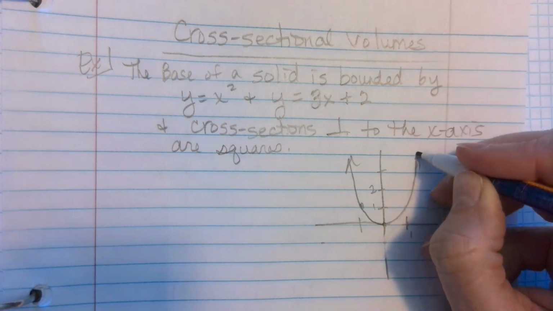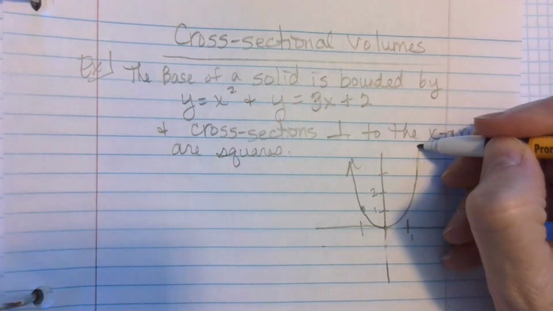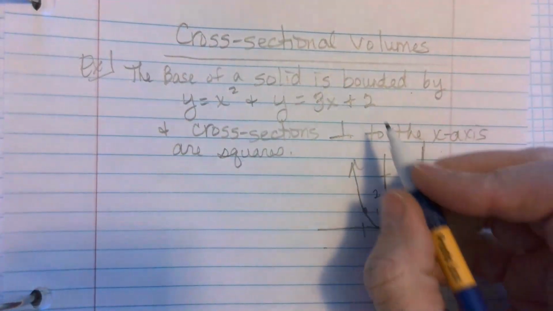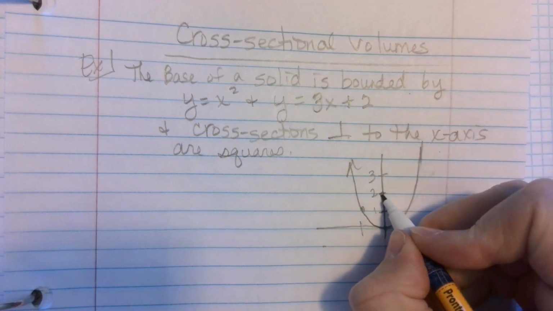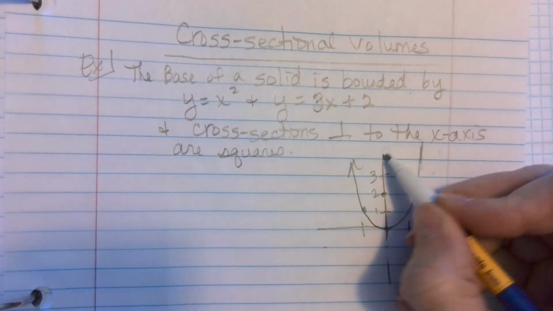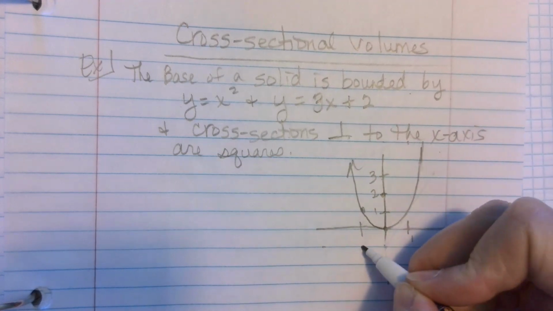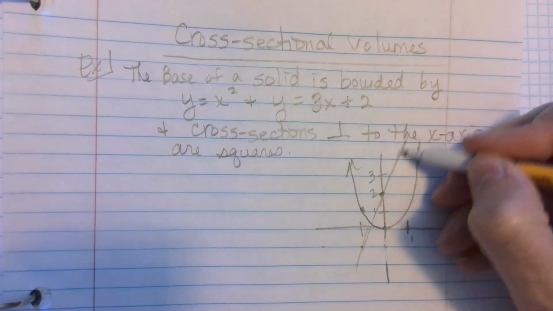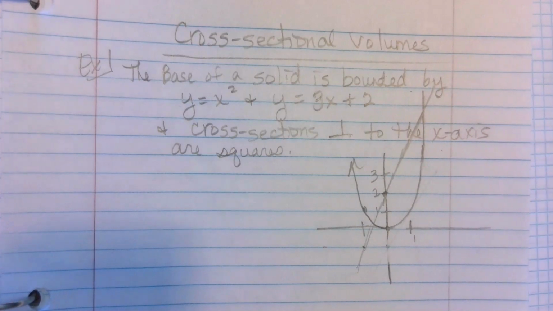There are only 4 problems in this whole book, so I can't take one of your problems to do, or you'd only have 3 to practice. So, 3x plus 2 has a y-intercept of 2. Rise 1, 2, 3. Run 1. Down 2, 3 over 1. This is the base of a solid.